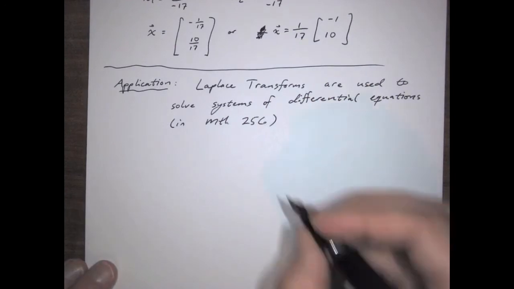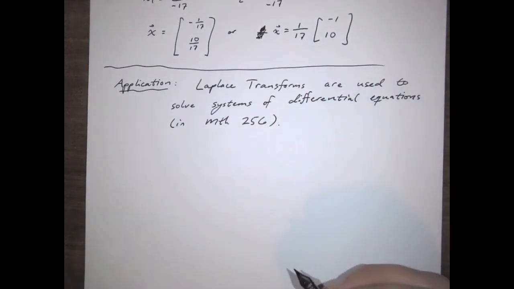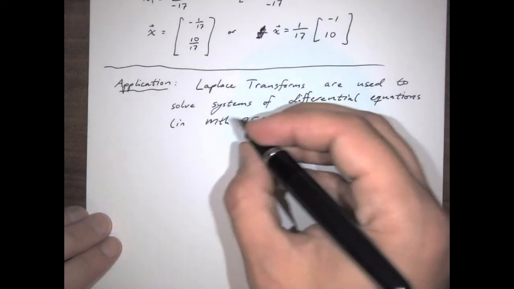And when you do this method, this will produce things that have coefficients on the variables that will be algebraic. They'll have s's in them.